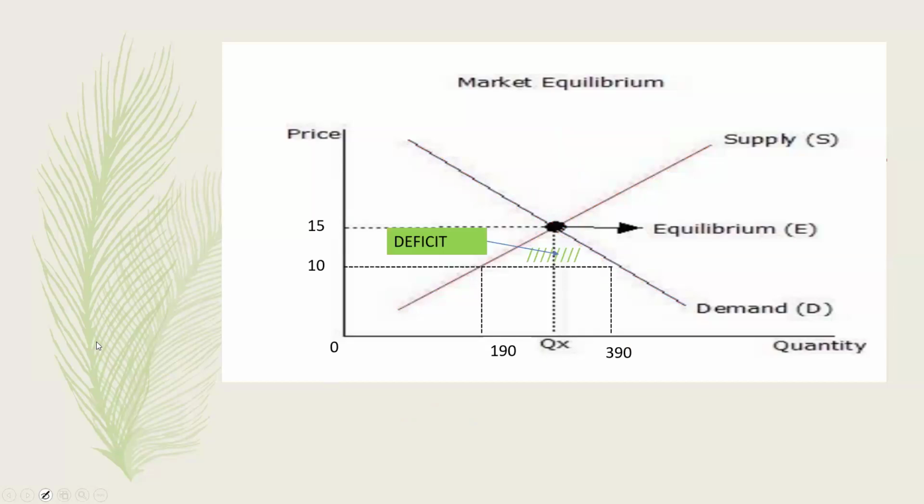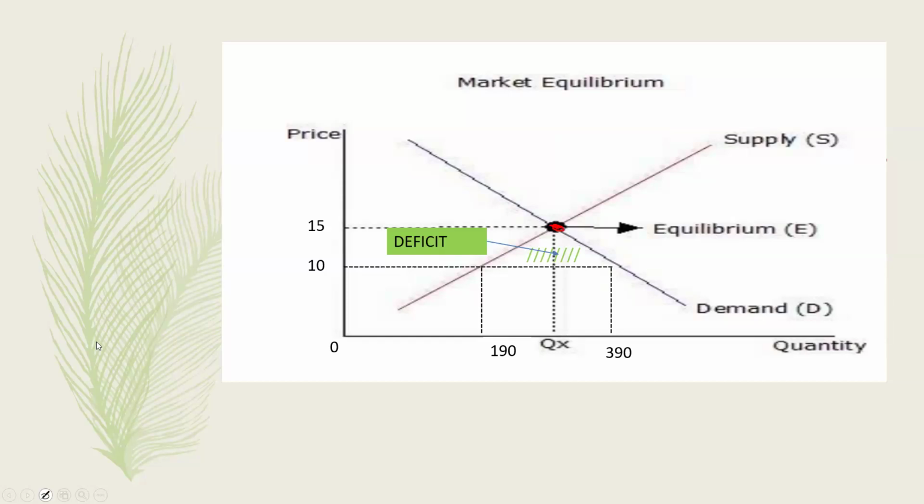On the flip side, conversely, if the equilibrium price is 15, but the price now being charged within the economy is 10, take a look at this, you guys. The price is 15, that's equilibrium. We're happy, we achieve equilibrium here.